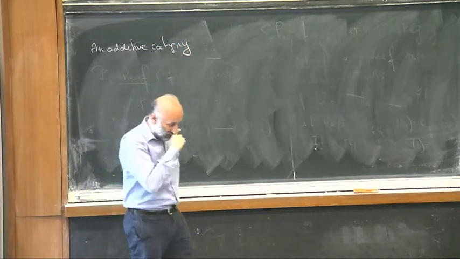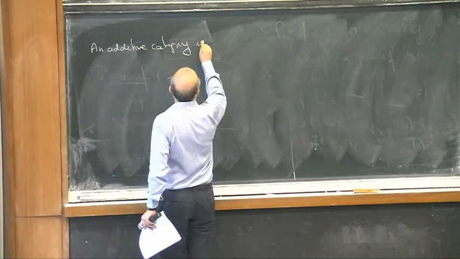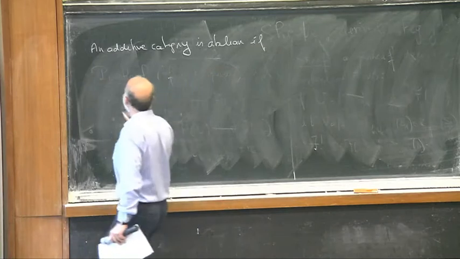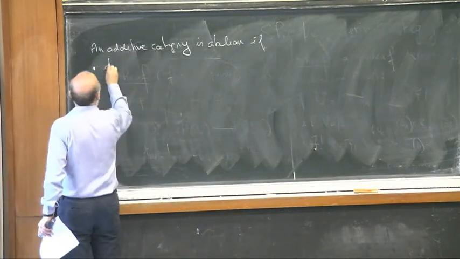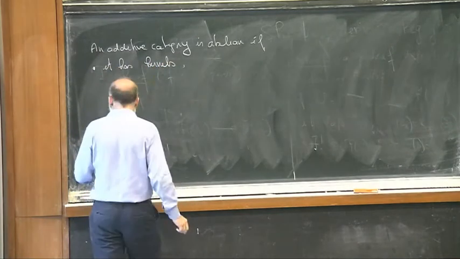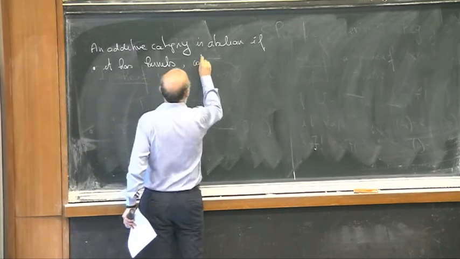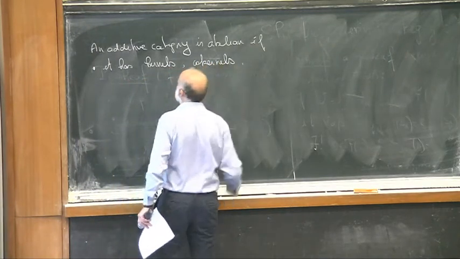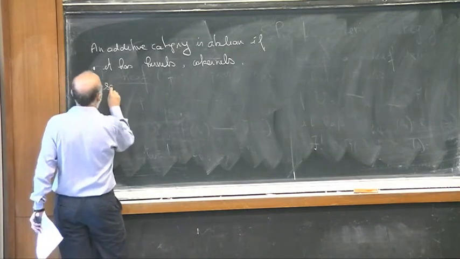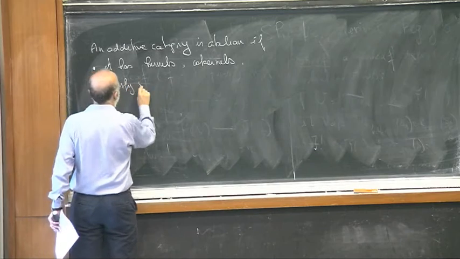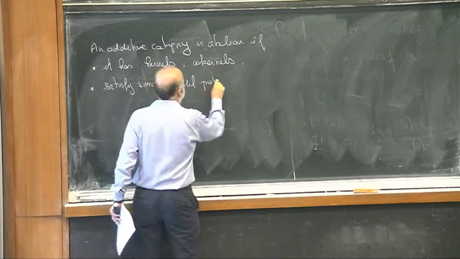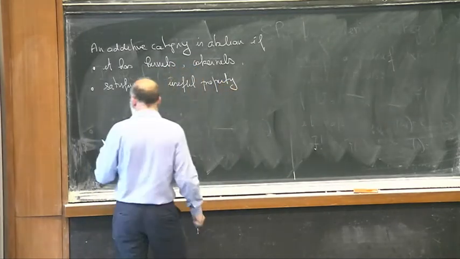And again, I'm not going to give an extremely precise definition, but an additive category is abelian if, well, there are two conditions. One is that it has kernels and what are called co-kernels. And the second is that these kernels and co-kernels satisfy some useful property.